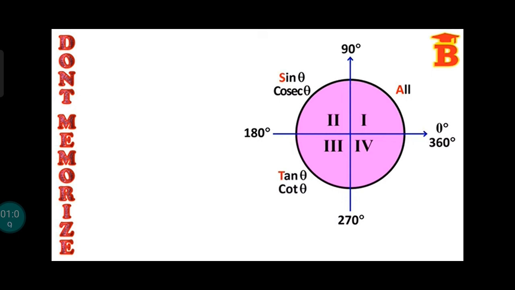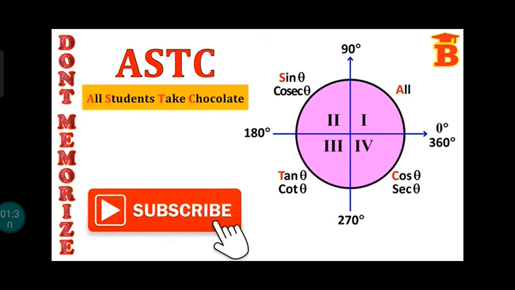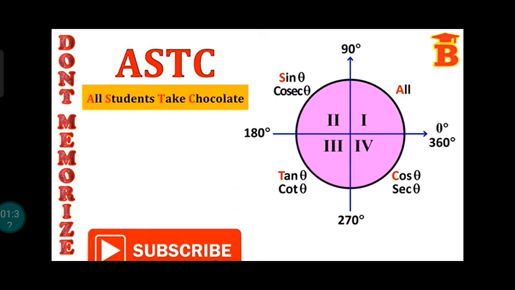In third quadrant tan and its reciprocal cot are positive. In fourth quadrant cos and its reciprocal secant are positive. This is called ASTC rule. We can remember this easily like all students take chocolate.